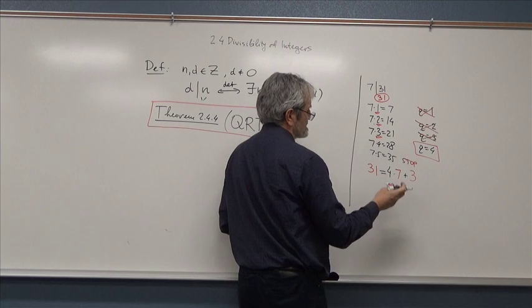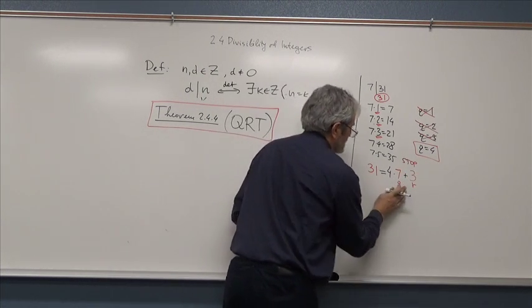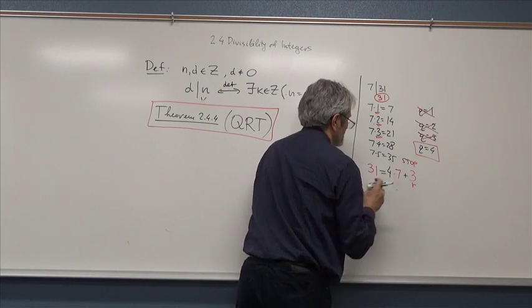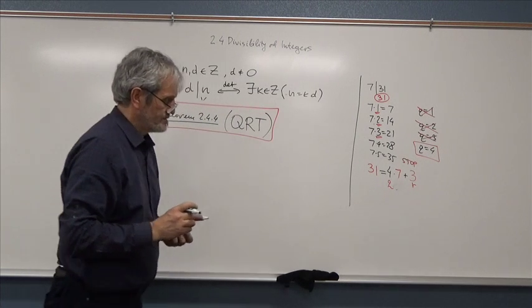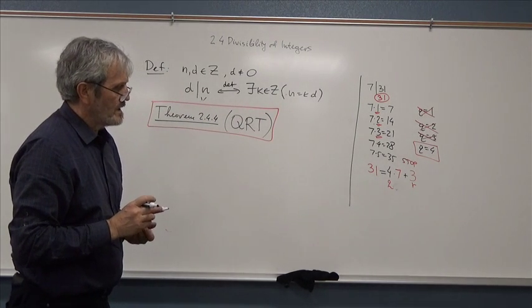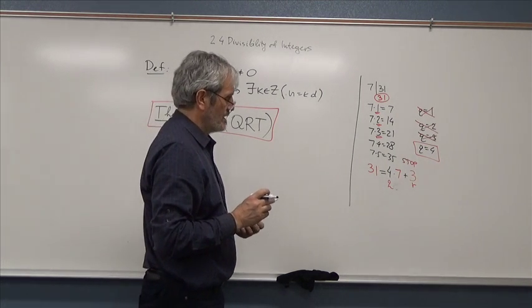And those two numbers are, sorry, this is the divisor, here is the quotient, and here is the remainder. So quotient is 4, the remainder is 3, and the divisor is 7 as well.